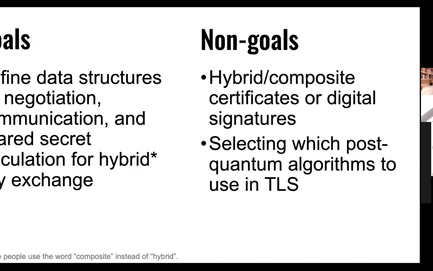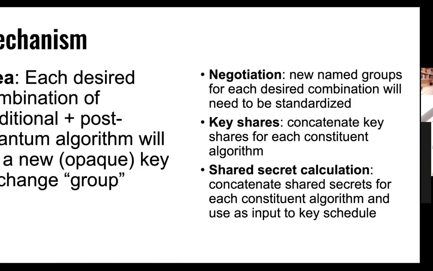So after a bunch of considerations for TLS, the idea that we've gone with is that each desired combination of a particular traditional and post-quantum algorithm will be assigned a new identifier. In TLS lingo, that's a new key exchange group. And these will be opaque objects. So you won't separately negotiate your traditional algorithm and your post-quantum algorithm.